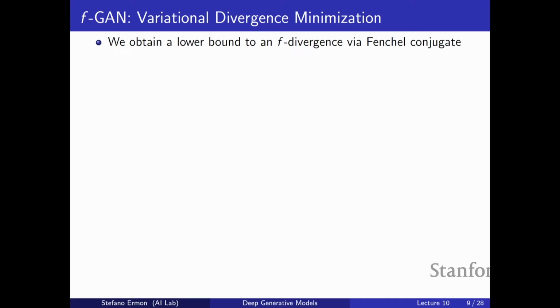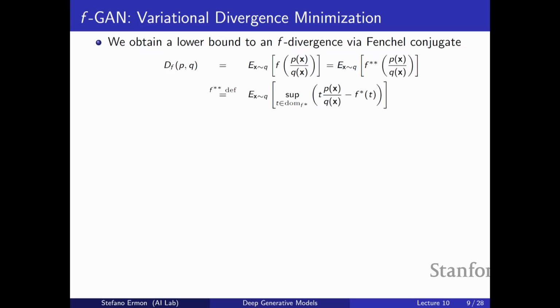And that's basically the idea that underlies this framework for training generative models based on F-divergences through a GAN-like objective. So what we do is we have the original definition of the F-divergence, which depends on this density ratio that we don't have access to. Because f is convex, we can equivalently rewrite this in terms of the conjugate of the conjugate, f double star, which by definition is just this supremum.